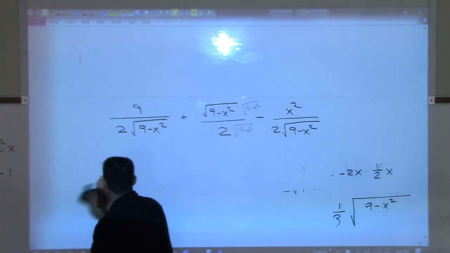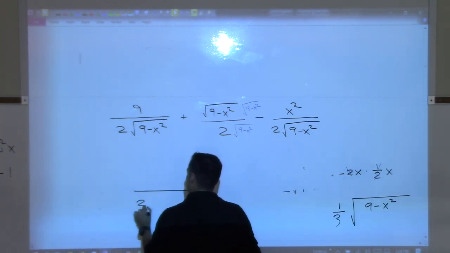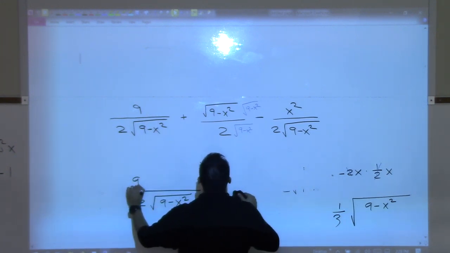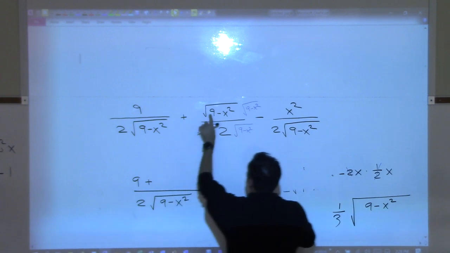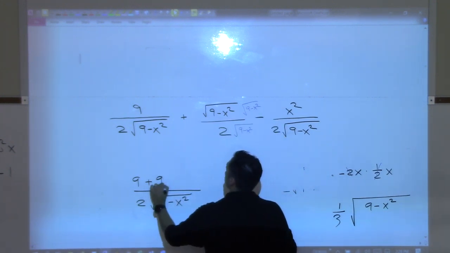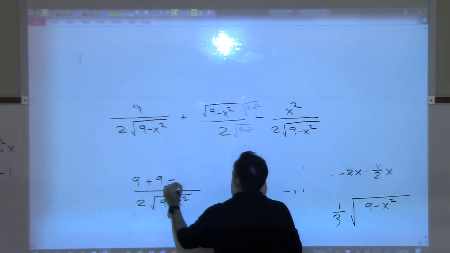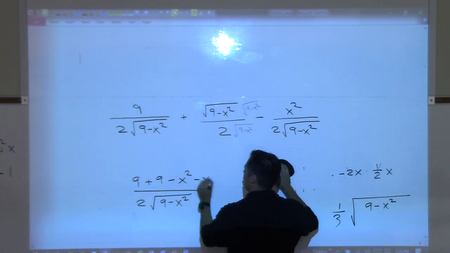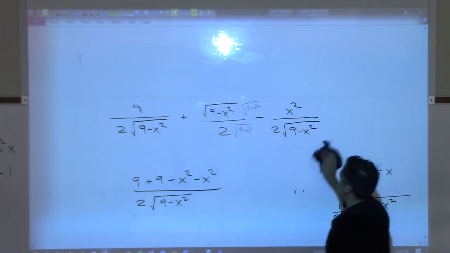I can put them all together. 2 root 9 minus x squared. So I have 9 plus this right here. They multiplied, right? So the root went away. So it's 81 minus x squared. And then this one right here, minus x squared. That doesn't look right.